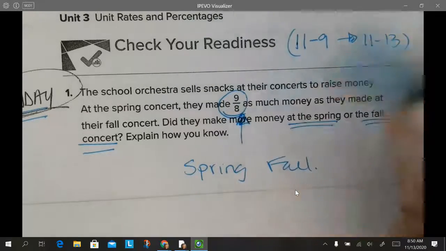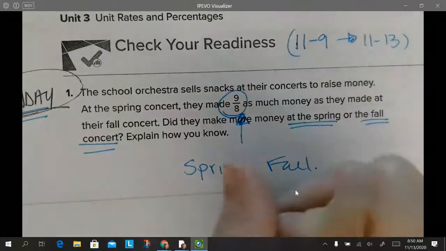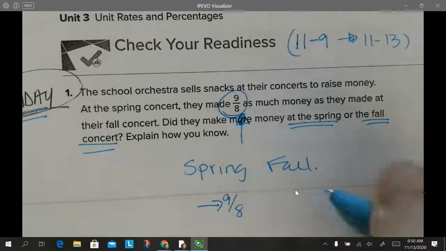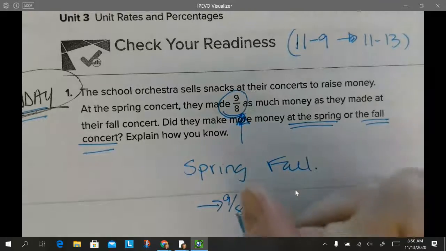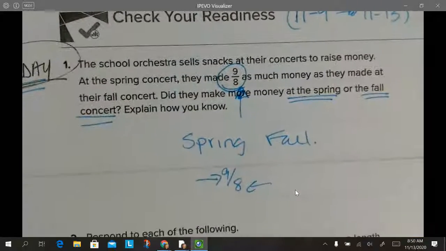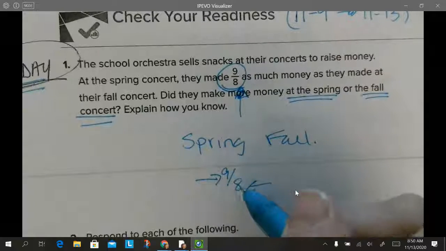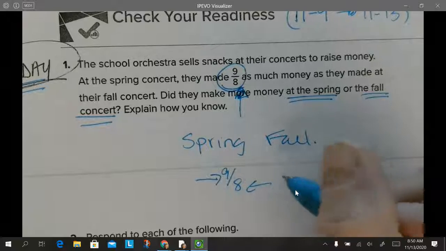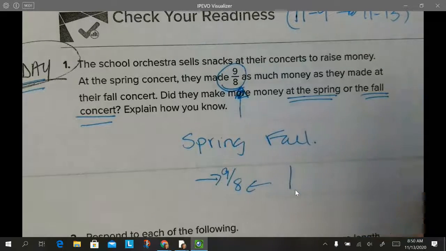actually means. So if you think about 9/8 as a fraction, you realize that this numerator is larger than your denominator. So it must be that there are more than 8 pieces, okay? So it's actually 1 whole.